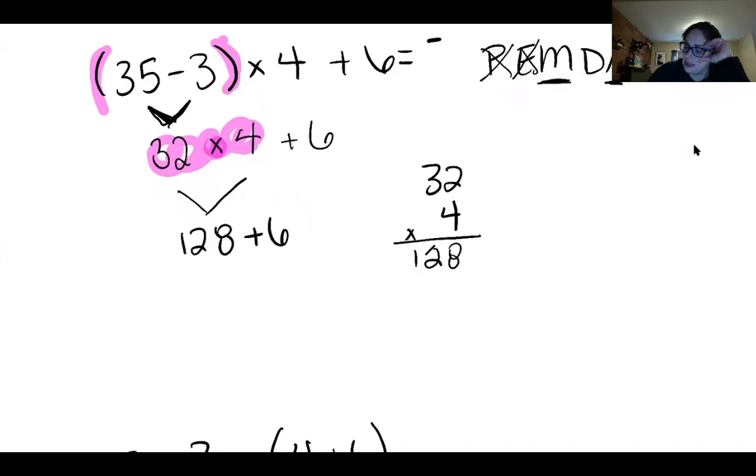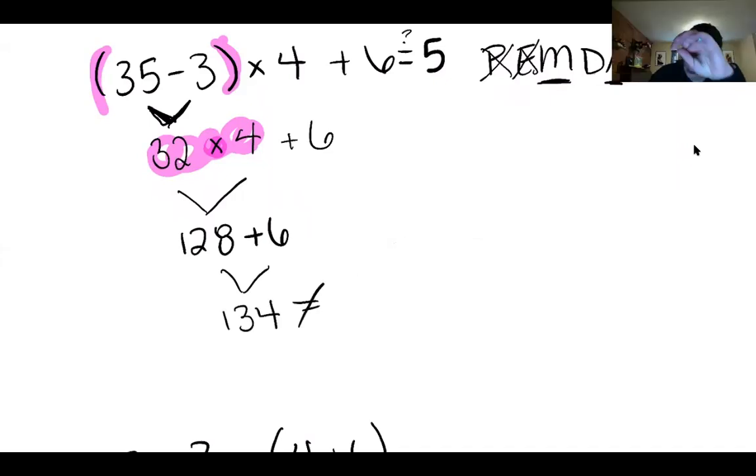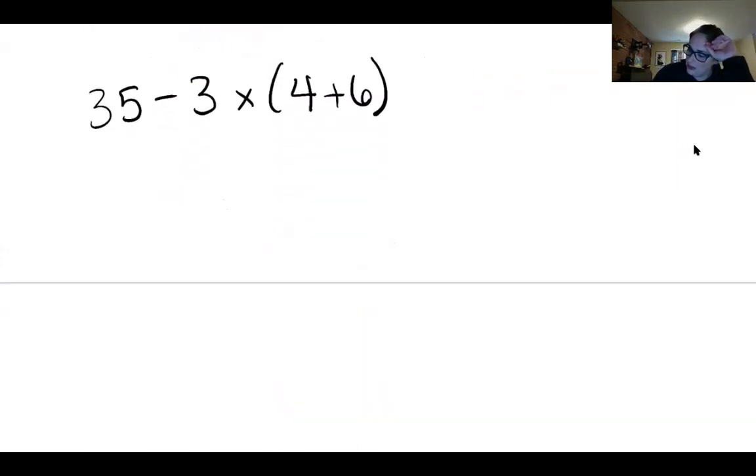Remember, we're trying to get to 5. So what is 128 plus 6? 134. That doesn't equal 5. Okay, so hopefully this one equals 5.